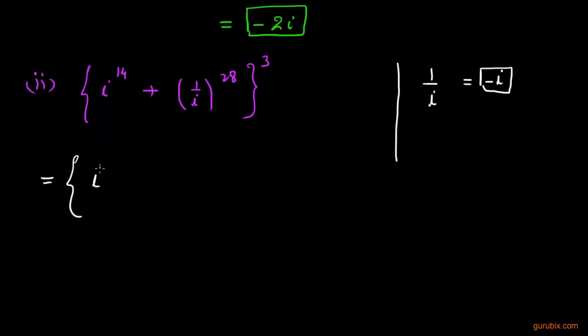Then the expression becomes iota raised to the 14th power, and here negative iota raised to the 28th power, and this whole expression raised to the third power.